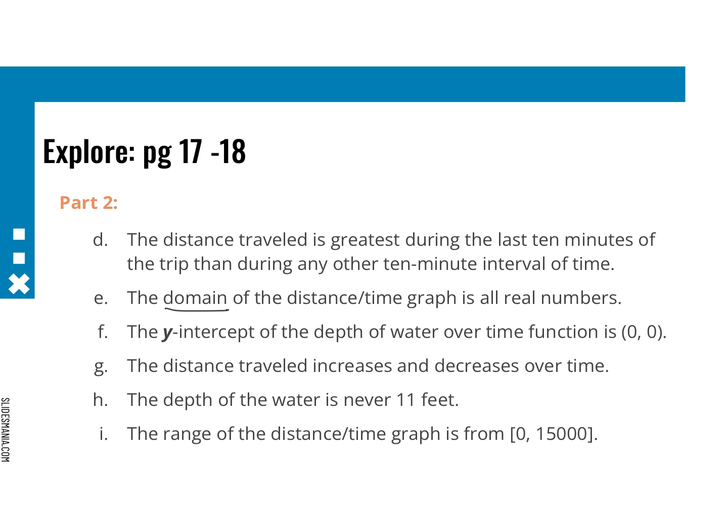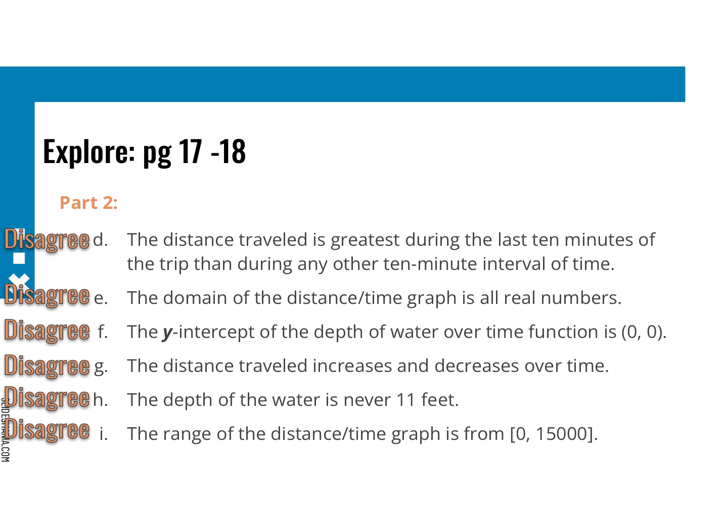F, the y-intercept of the depth of the water over time function is 0, 0. G, the distance traveled increases and decreases over time. H, the depth of the water is never 11 feet. And I, the range of the distance over time graph is from 0 all the way up to 15,000. So go ahead and answer those questions and then come back to me.